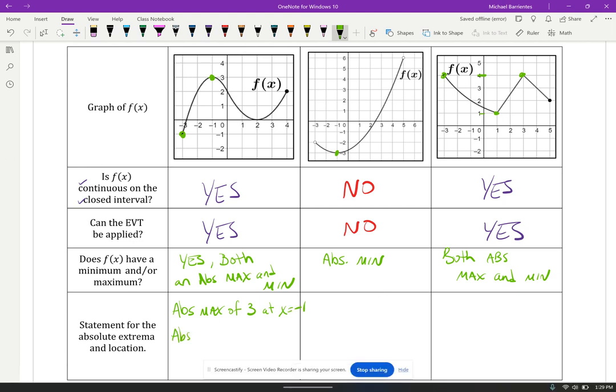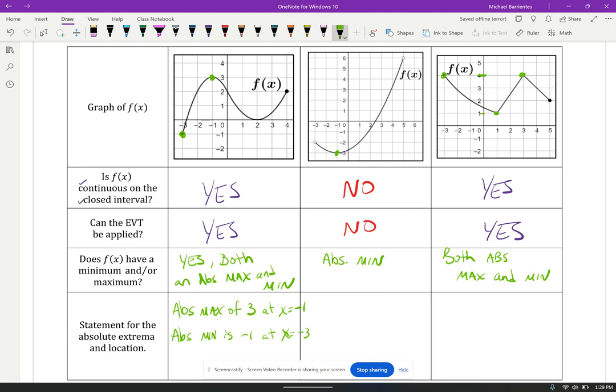And the absolute min, I can also write absolute min is -1 at x equals -3. But again, we want you to understand, whenever we're looking for the absolute max, we're actually looking for the y value. This tells me where it occurs, right?